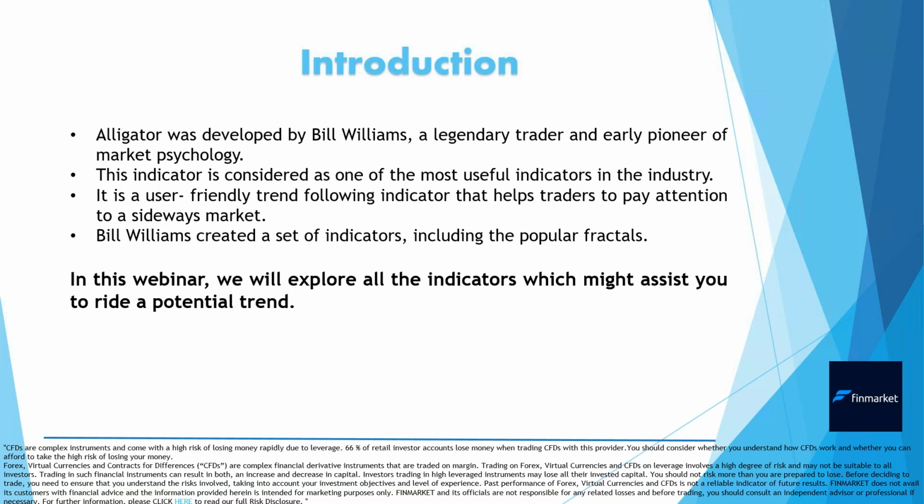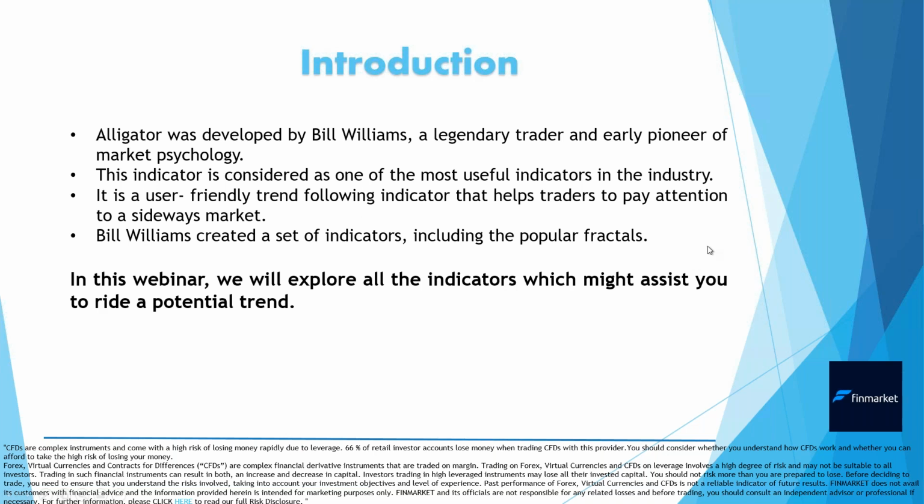According to Bill Williams, the market follows the path of least resistance, like a river going down the stream. This is how he interpreted the way the market acts over a period of time.